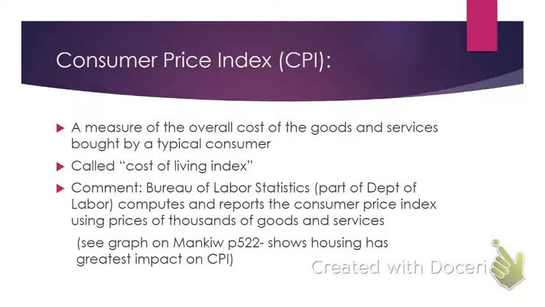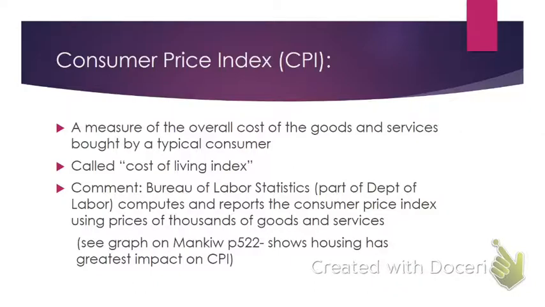So a typical basket of goods and services that they use to calculate CPI. You can see housing is by far the largest part of CPI. This is how a typical consumer divides his spending among various categories of goods and services.